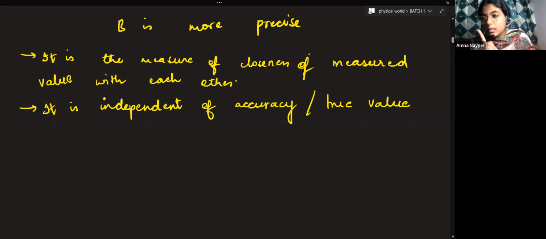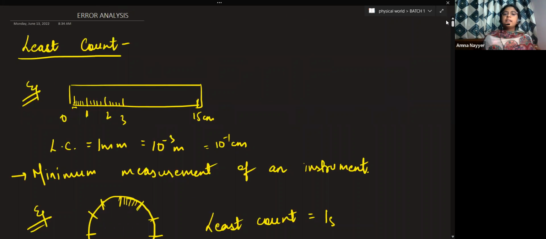But precision does depend on one thing, the least count. Let's say the length I'm getting with the centimeter scale in this example is approximately 2 centimeters. But if I get the answer in terms of the least count, my answer will be more precise than getting 2 centimeters.